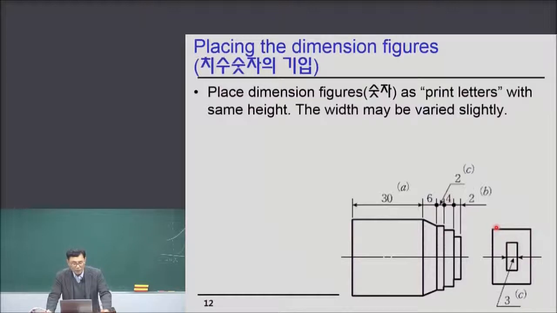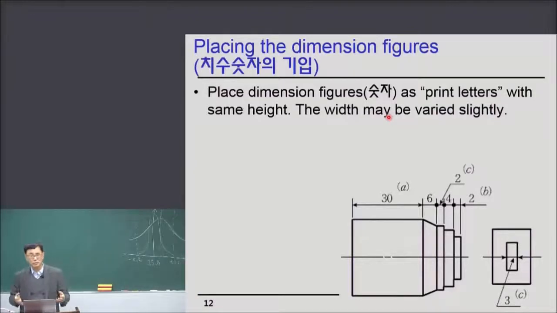Okay, and also place dimension figures as plain letters with the same height, all through the part drawing. The widths may vary slightly, but of course, maybe you are going to use CAD tools to make your part drawing.